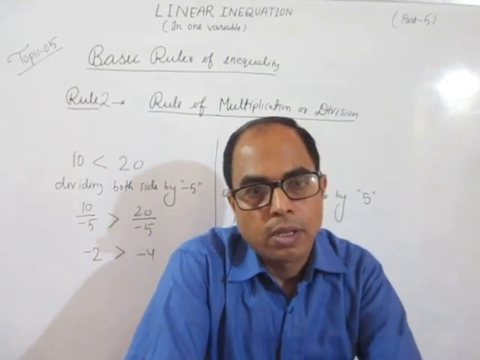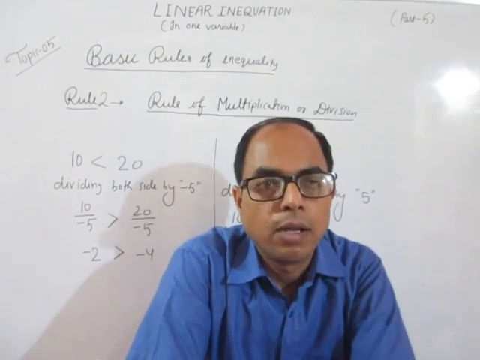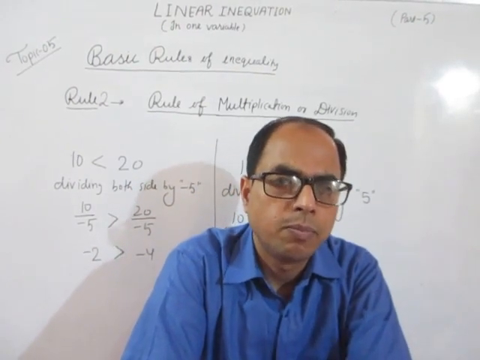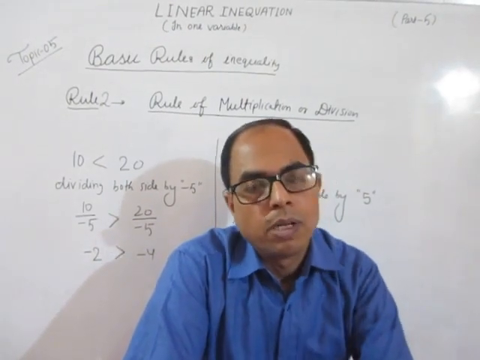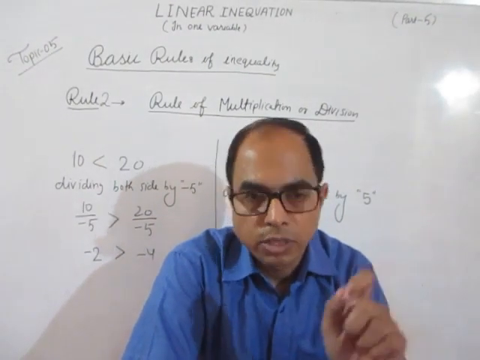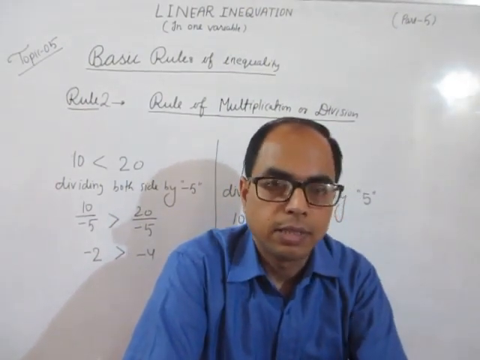So during the calculation, you can multiply or divide both sides by the same positive number or negative number. But remember, if you are multiplying or dividing both sides by a positive number, then keep the sign of inequality as it is.